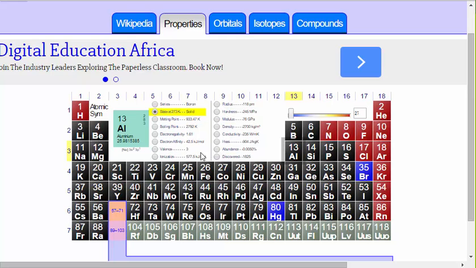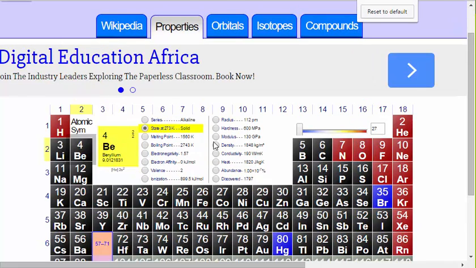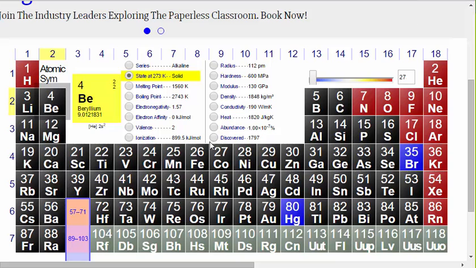Where's the mass on here? I think that's the mass there at the bottom. I don't want to increase it. Can you see it now?